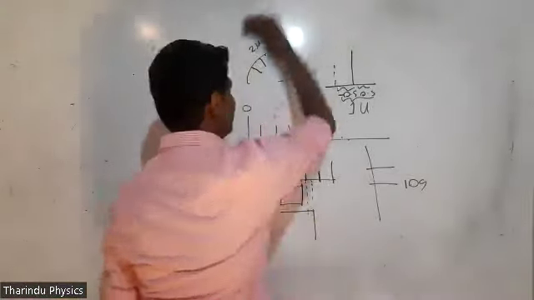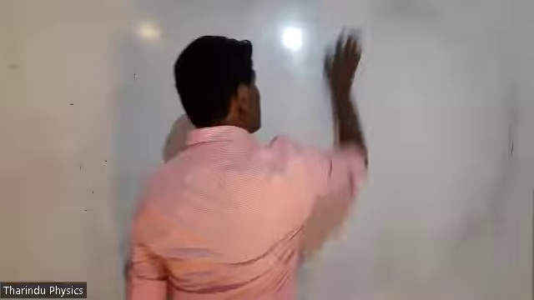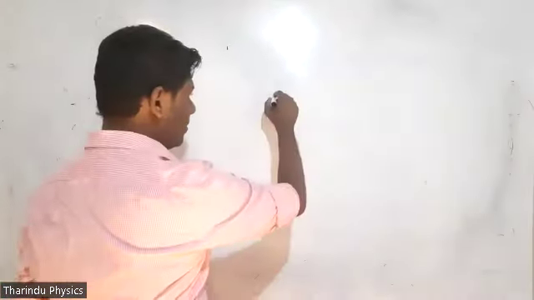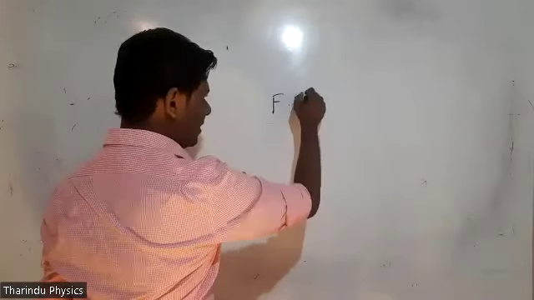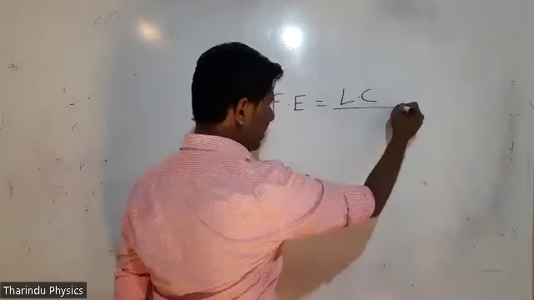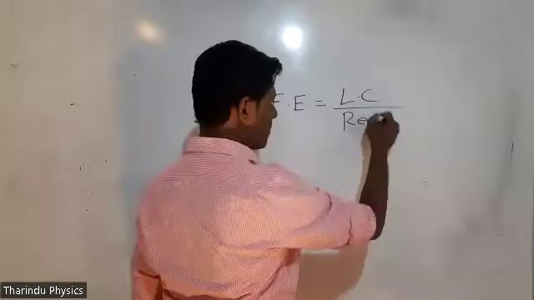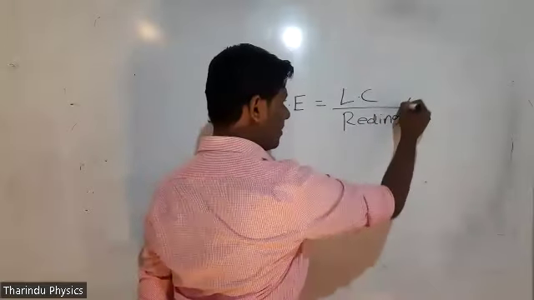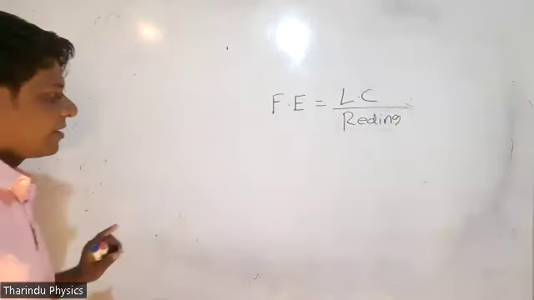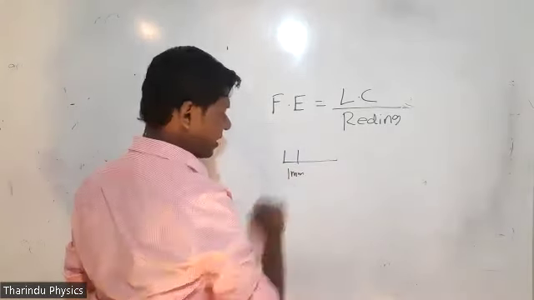That is it. And there was a thing called fractional error. Before that, I explained least count to you. Fractional error is nothing but the least count divided by the reading. For example, on a millimeter scale, 1 millimeter is the least count.